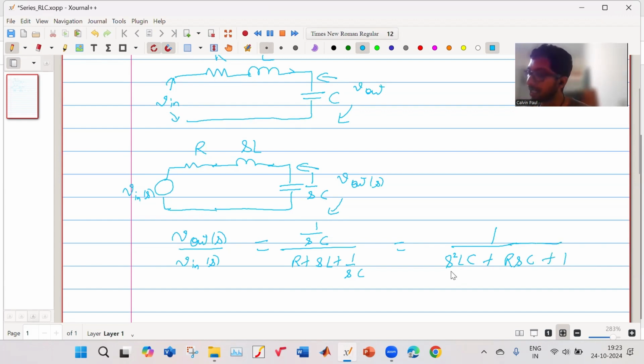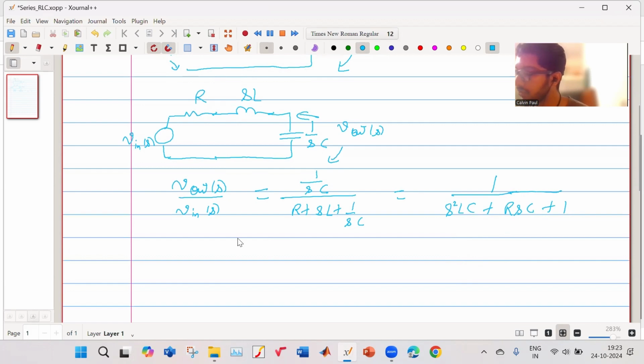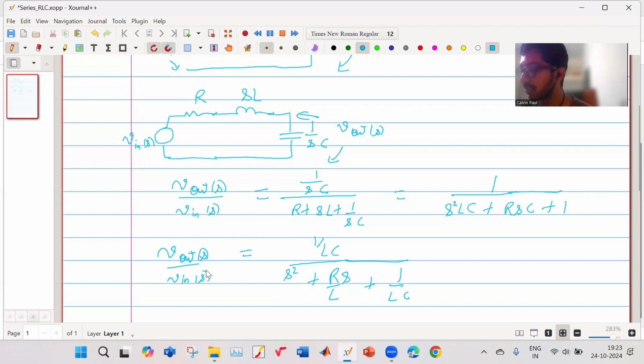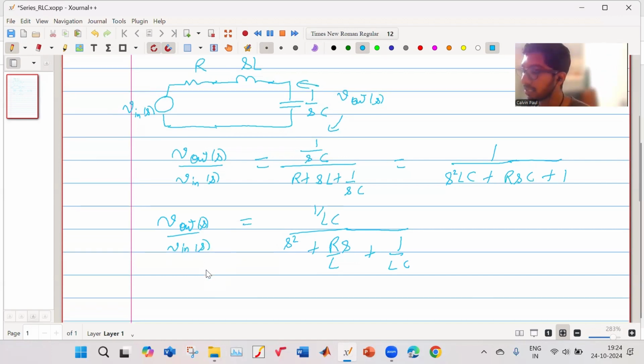It is desirable that the highest order of S be unity, so we divide throughout by LC. So it becomes 1 upon LC over S square plus R S by L plus 1 upon LC. So this is the transfer function for the series RLC system. Let us denote it as G of S.